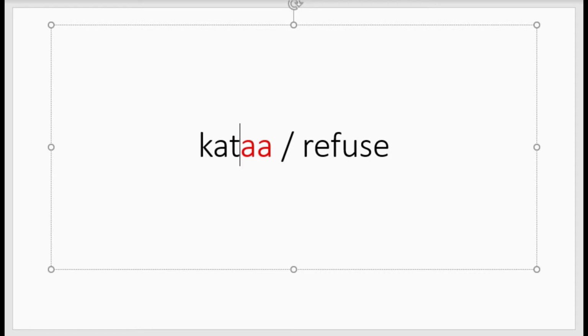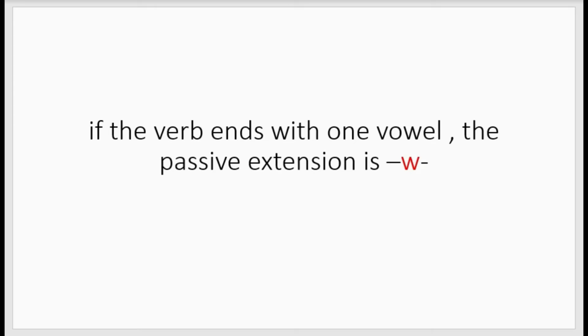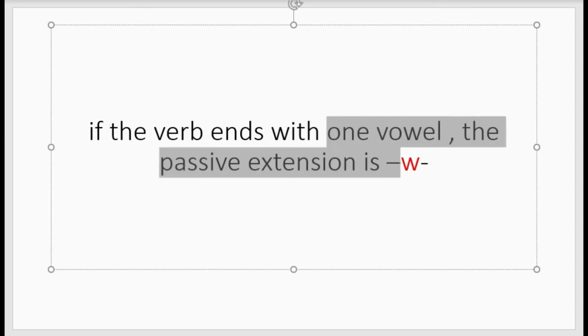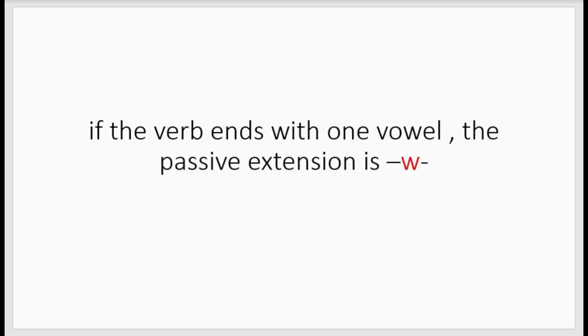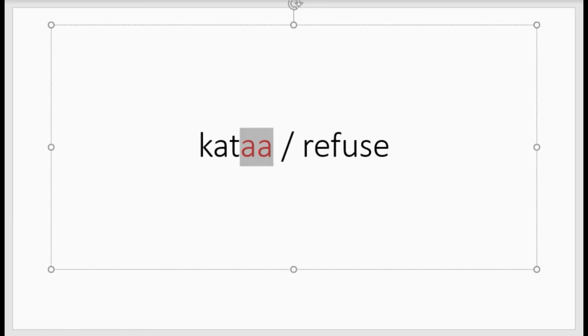Now remember our rule, our formula says if the verb ends with one vowel, the passive extension is wa. Now in the verb kataa, we have two vowels instead. So that rule is not applicable here, okay? So what's the rule for the verb kataa?